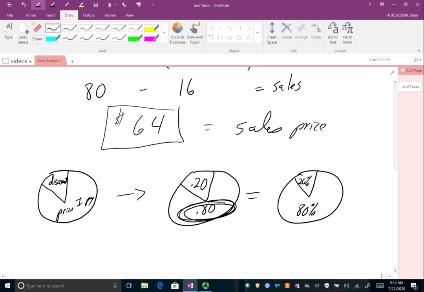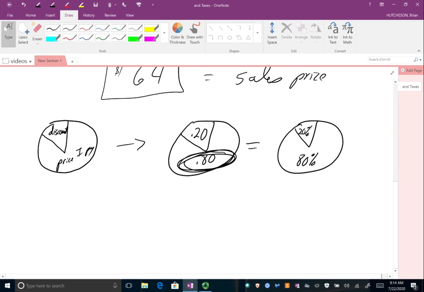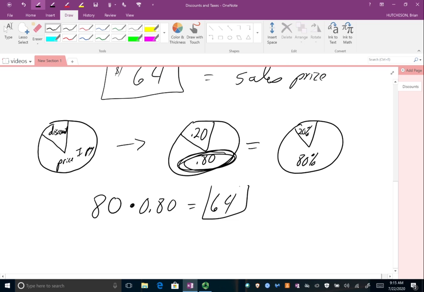This is the amount I have to pay. 20% is gone. I have to pay 80% of the original. So if I started out with an $80 shirt, I just multiply this guy by 0.80. So what's 80 times 0.8? Oh, it's just 64.